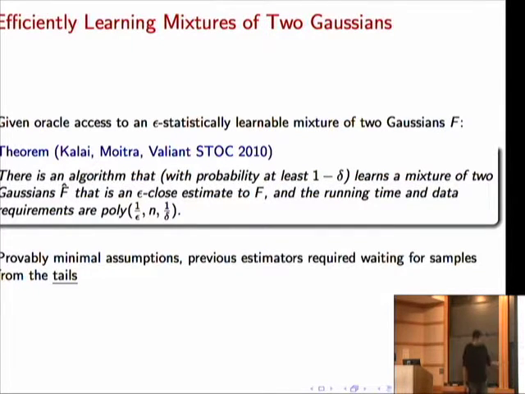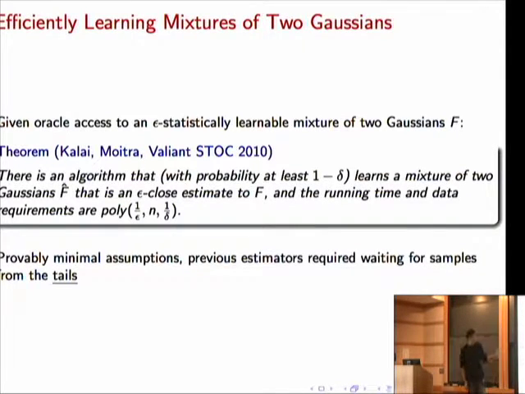And these are provably minimal assumptions for learning an epsilon close estimate. You need to assume some lower bound on the statistical learnability. And actually, previous estimators, as I mentioned, required waiting for samples all the way out in the tails. So they were all exponential unless you made larger assumptions about the separation between the two Gaussians.